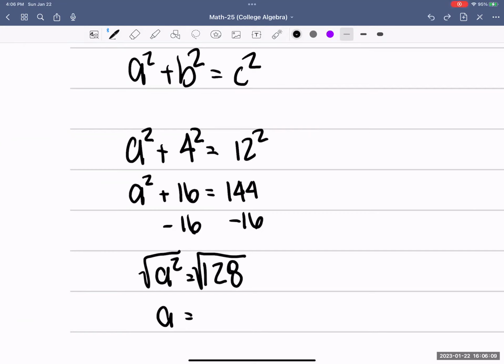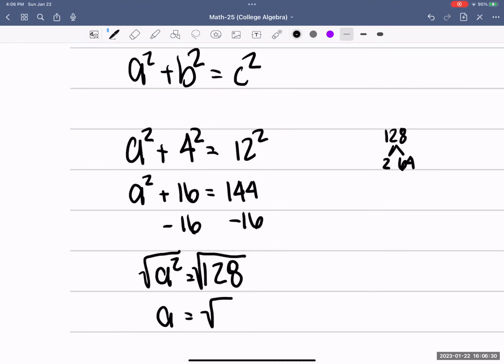And 128, let's do it the old school way. So 128, let's keep factoring until we find values that make sense. This is an even number, so I know it's divisible by 2. 12 divided by 2 is 6. 8 divided by 2 is 4. And right off the bat, we have a square root.